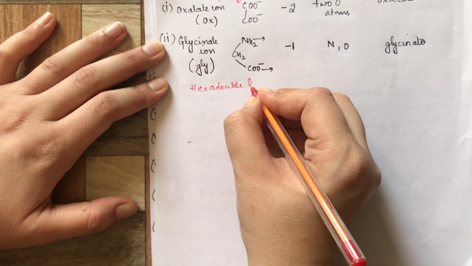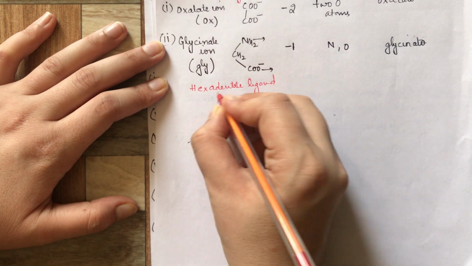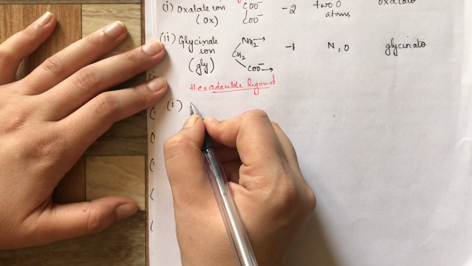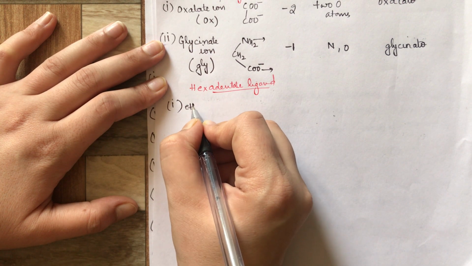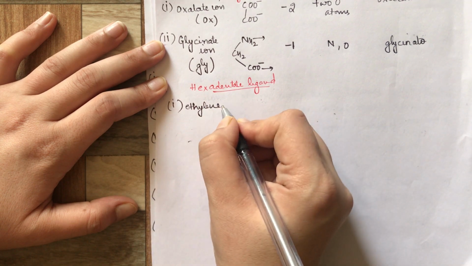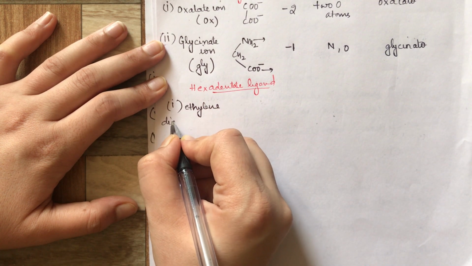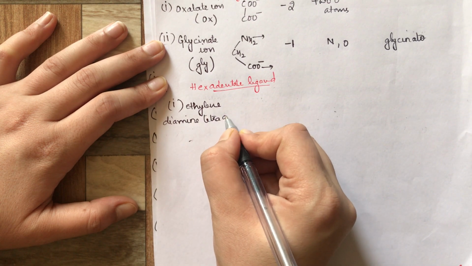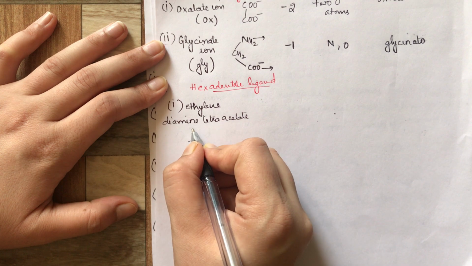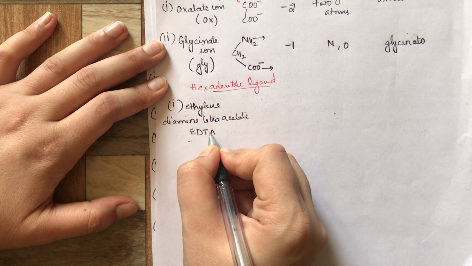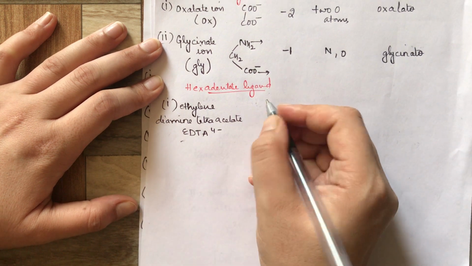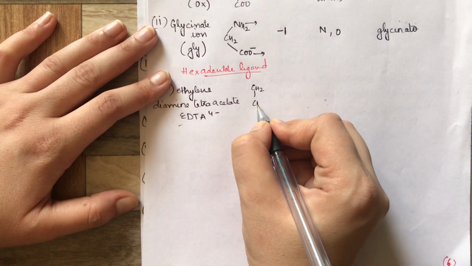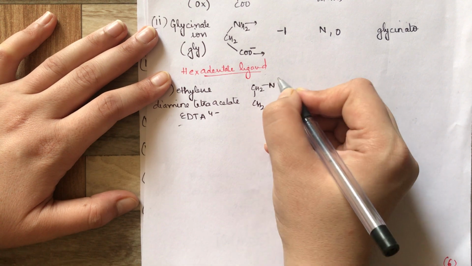Now we talk about one very important kind, the hexadentate ligands. The first one is EDTA, which is ethylenediaminetetraacetate, represented as EDTA 4 negative. We have already discussed its structure, but never mind if we discuss it again.